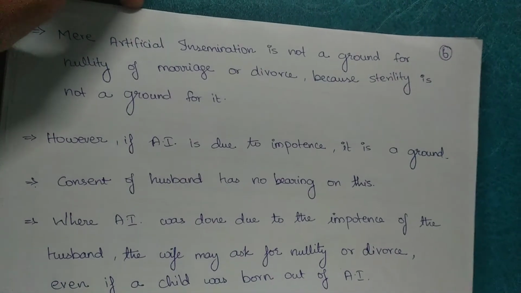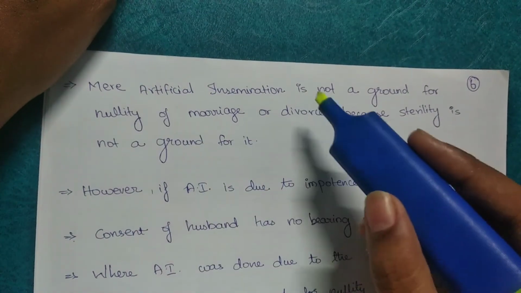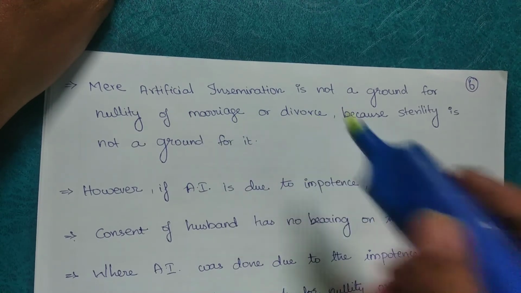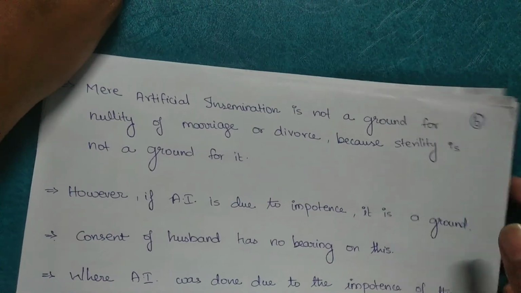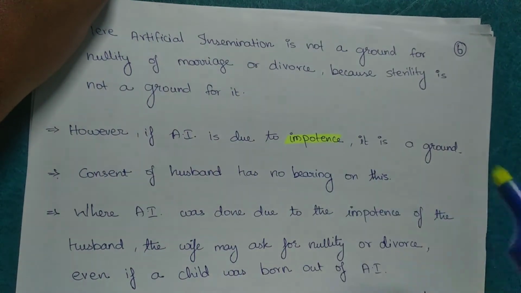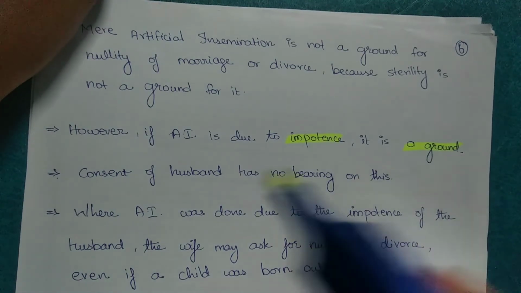And here the problem arises: mere artificial insemination is not a ground for nullity of marriage or divorce, because sterility is not a ground for it. However, if artificial insemination is due to impotence, it is a ground for divorce or nullity of marriage.